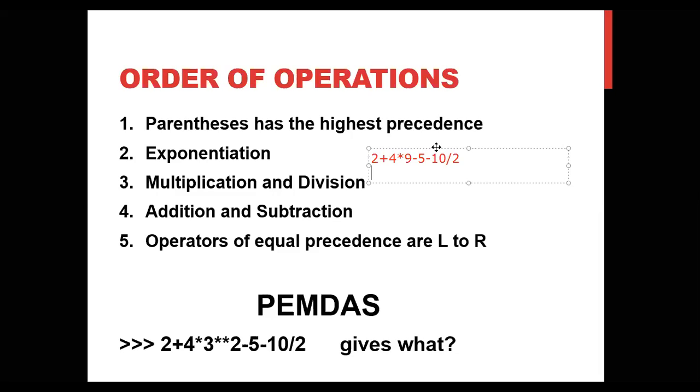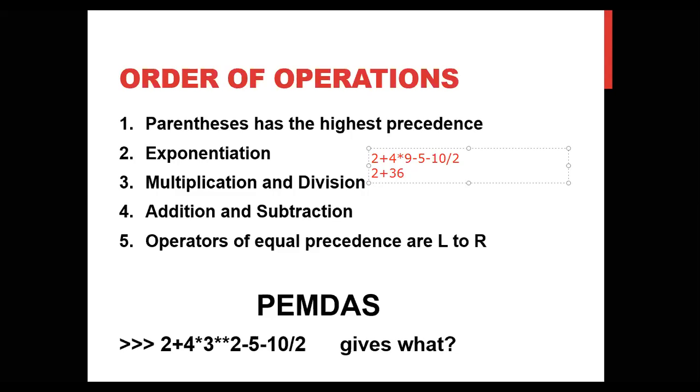After this, the highest precedence operators among these are multiplication and division, which have the same precedence. But the first operator we get, we perform that operation first. So that is 4 multiplied with 9. That is 2 plus 4 into 9, 36.